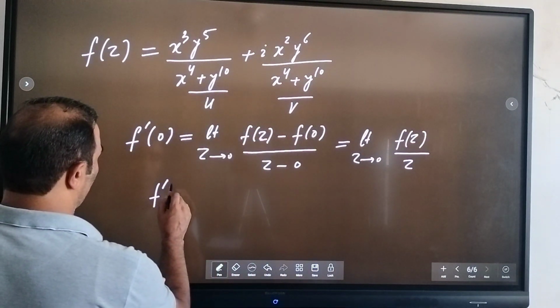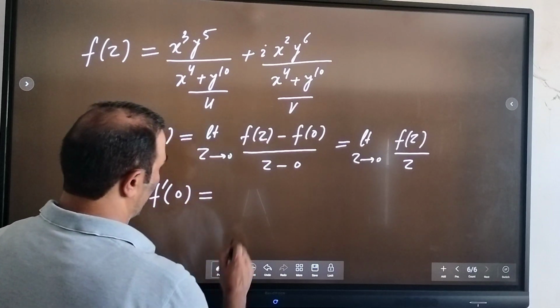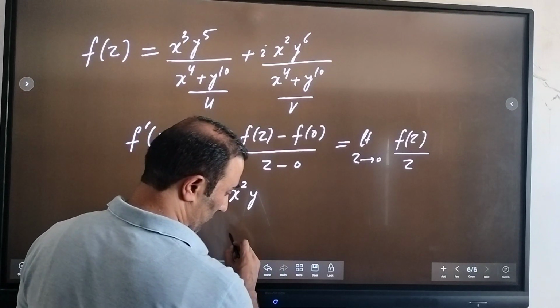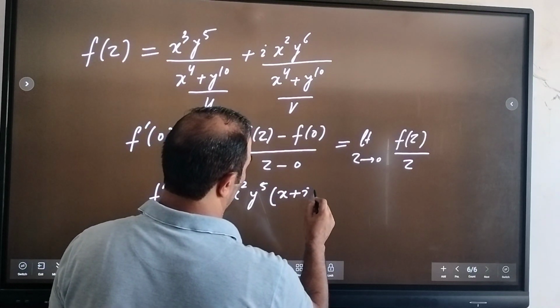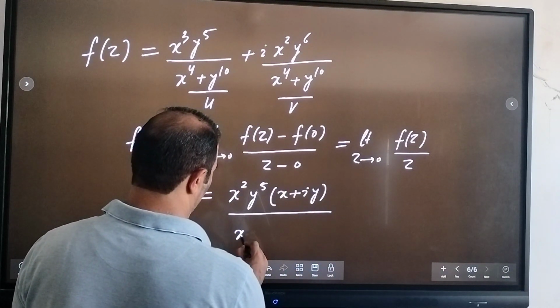So f dash of 0 will be equal to x square y raised to power 5 divided by x plus iota y.